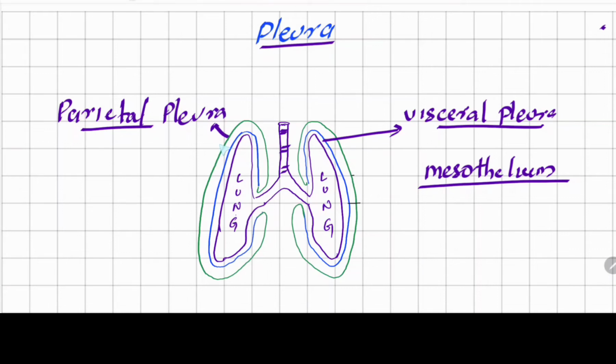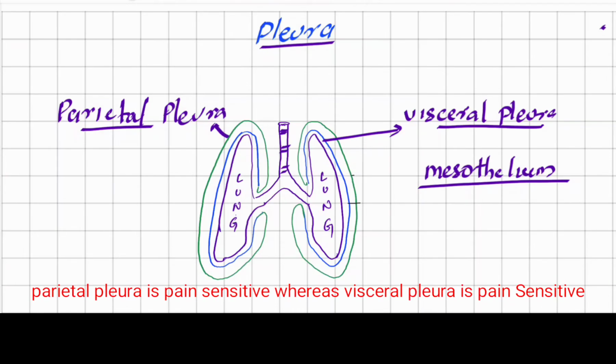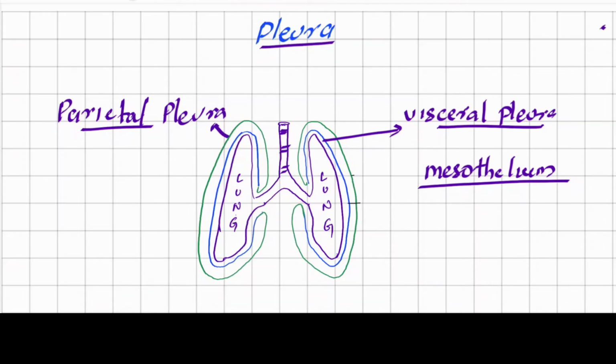The parietal pleura lines the inner aspects of the thoracic cage, like the ribs, costal cartilage, and intercostal spaces. Remember, the innermost layer of the thoracic cavity is the endothoracic fascia. Outside this parietal pleura, what layer can you see?